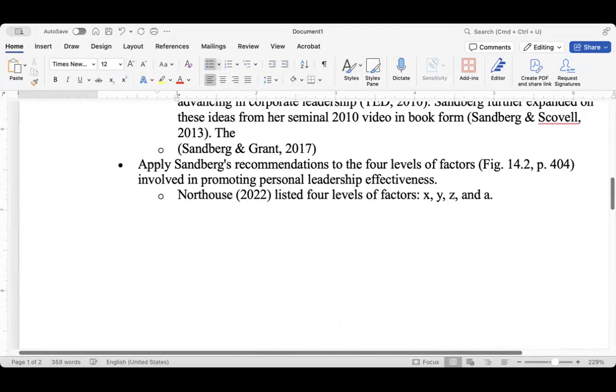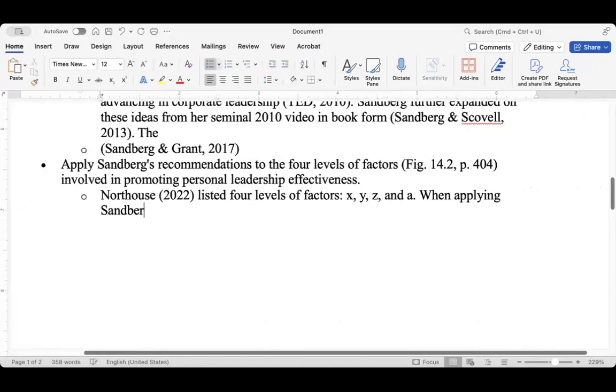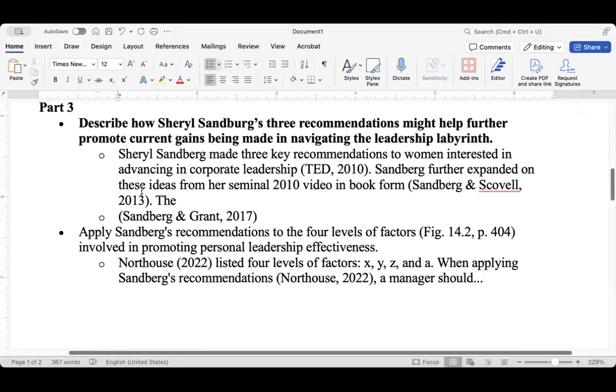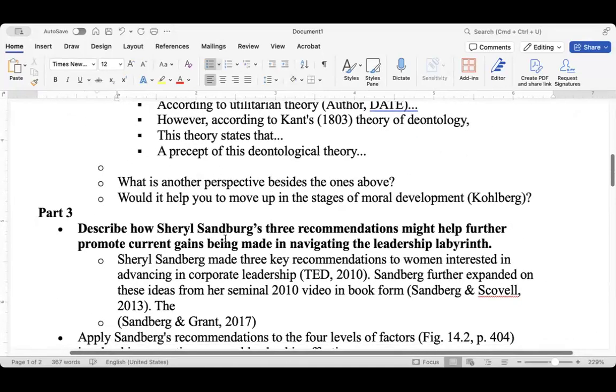List whatever they are, and then you might have something like, and list whatever it is. So in this case, again, even though we're talking about Sandberg's ideas here, and I realize that there's a typo here, so make sure you get these aligned.